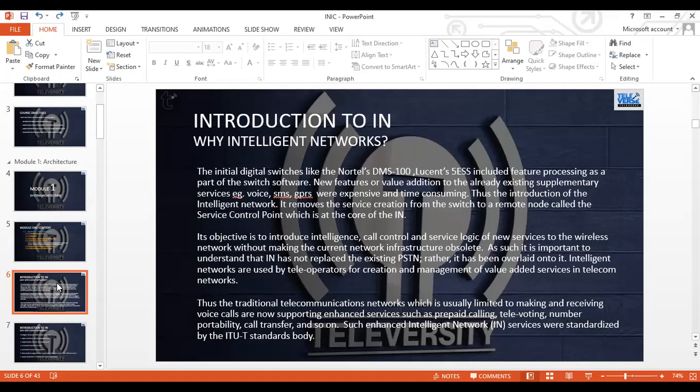You know very well that our modern day telephone user will not settle for just making calls, sending SMS, or even just browsing.